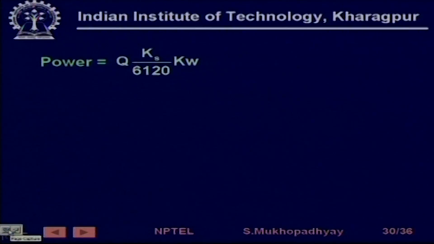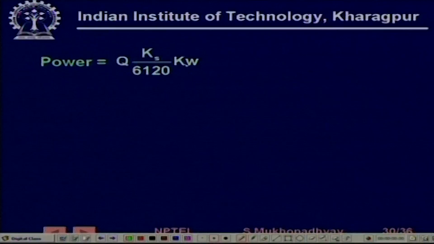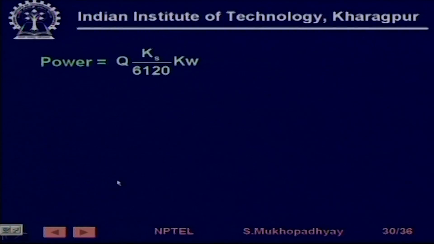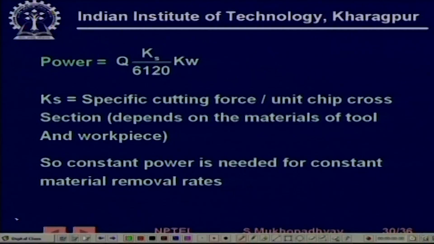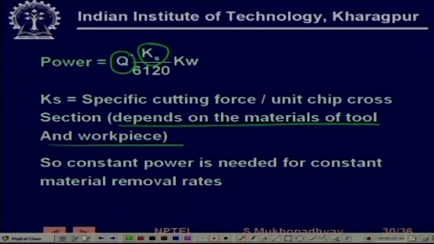Now, it turns out that for the spindles the power is proportional to Q into Ks, where Ks is what is known as the specific cutting force per unit chip cross section. So, it depends on both the material and the workpiece, and Q is the material removal rate.